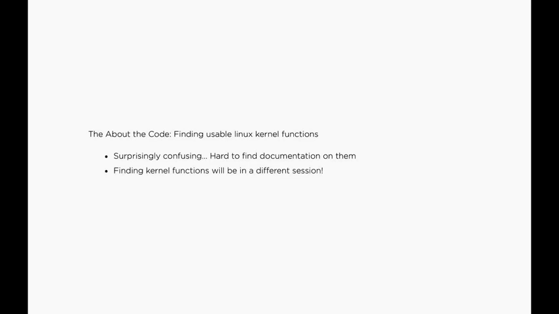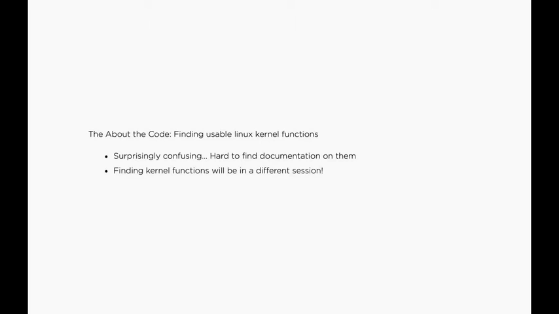So if you want to use the proc file system, the file system that gives process information, how do you use that in a C function, right? Do you have to call the system directly? Can you use the functions used by the kernel to make the proc system?